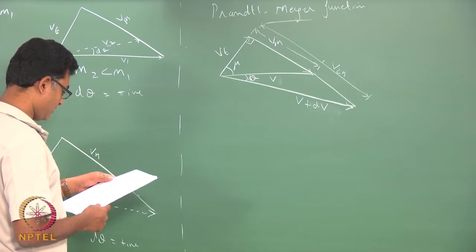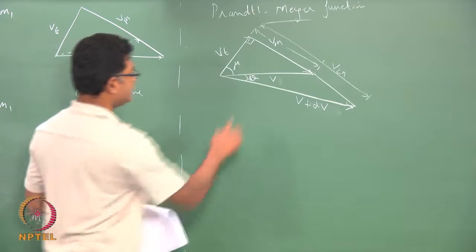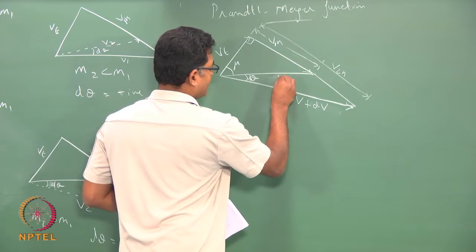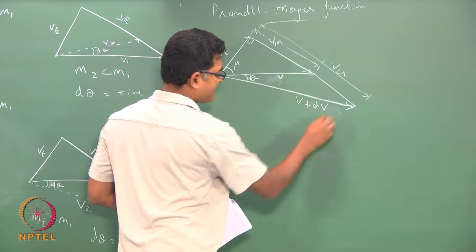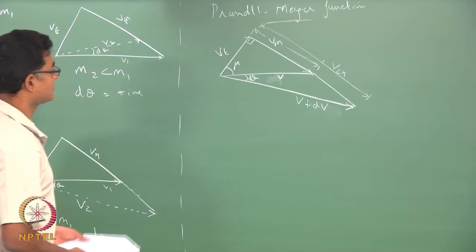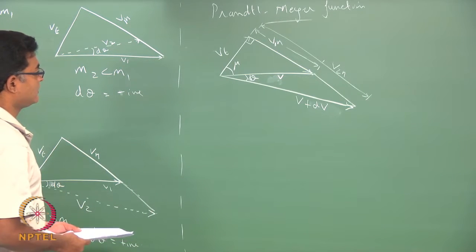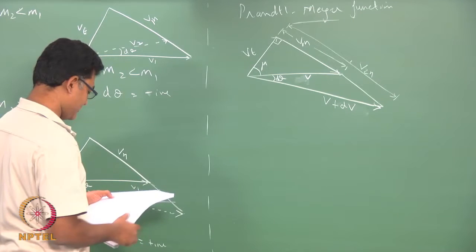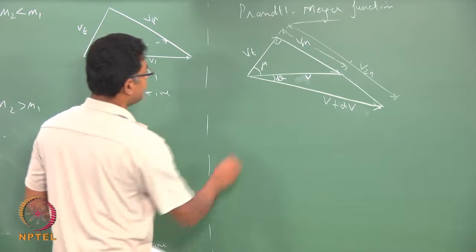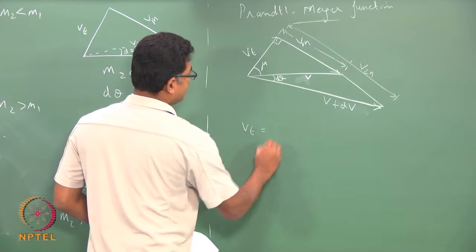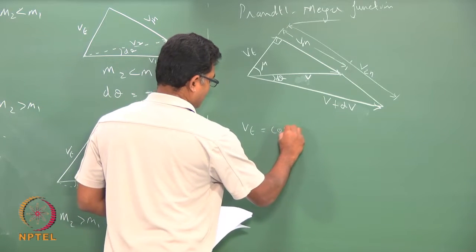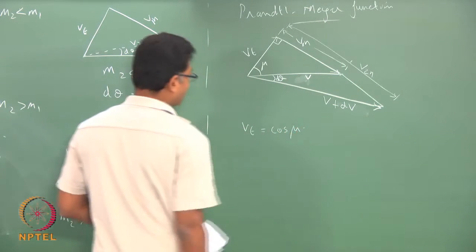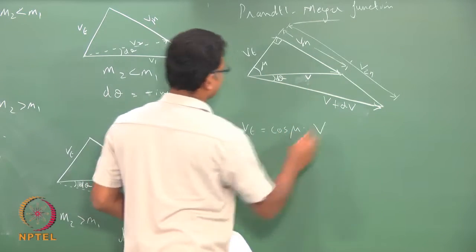So, now looking at this triangle, V is before the wave, V plus dV is after the wave. Now, from looking at this triangle, we can write Vt is cos mu of your V, okay.